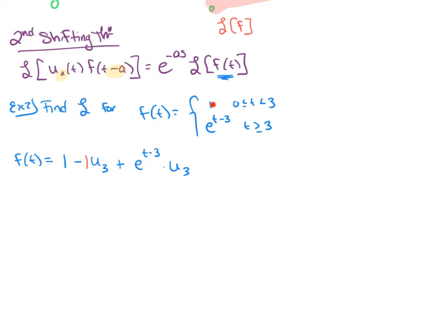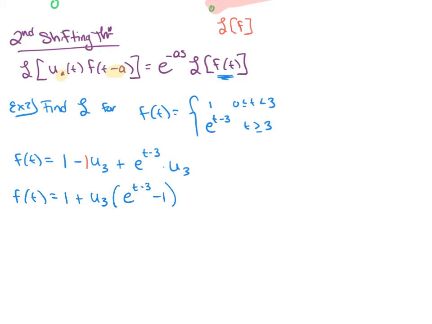So if you start with a function that's not 0, that's fine. Just put that in the front. Then turn it off when it says to turn it off, in this case at time 3, and turn on whatever functions you have. Now, the way we've written this function right here is really cumbersome for taking the Laplace transform, so I'm going to rewrite this by collecting my u3s. So I'm going to write 1 plus u3 times the quantity e to the t minus 3 minus 1.